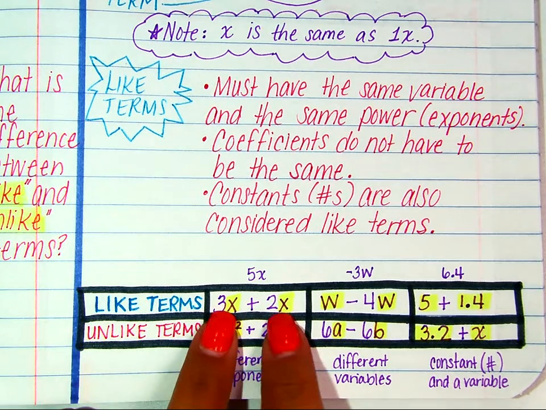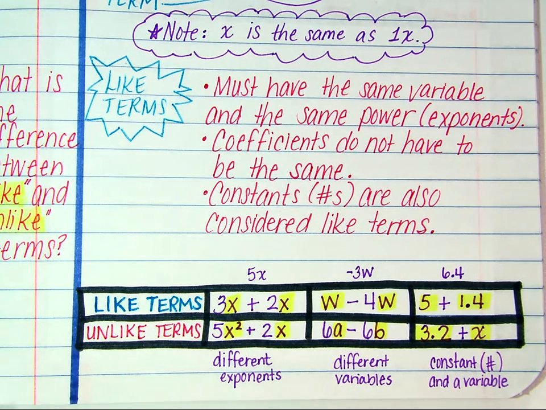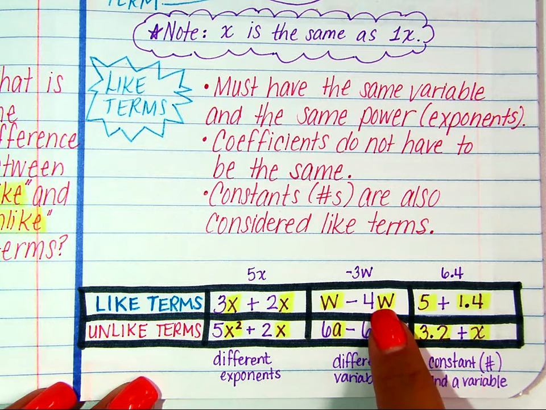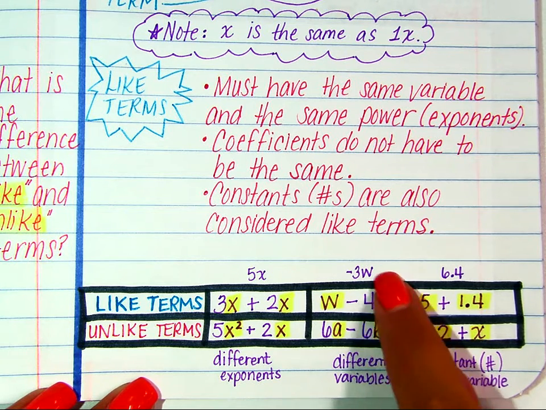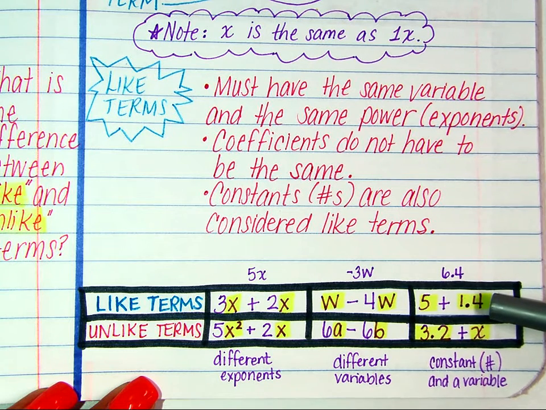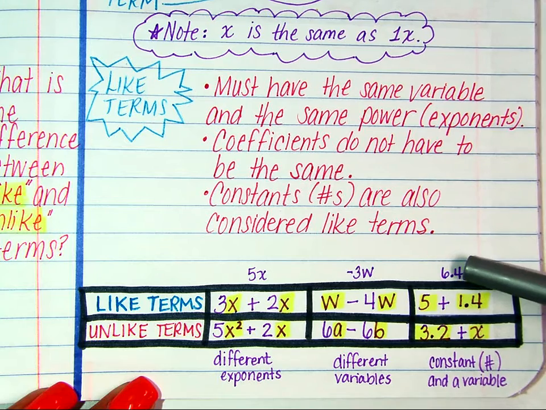When I combine these two terms, I'm going to get 5x. We have w minus 4w. When I combine those like terms, we would get negative 3w. And then we have 5 and 1 4/10. Okay, when I combine these like terms, I get 6 4/10.